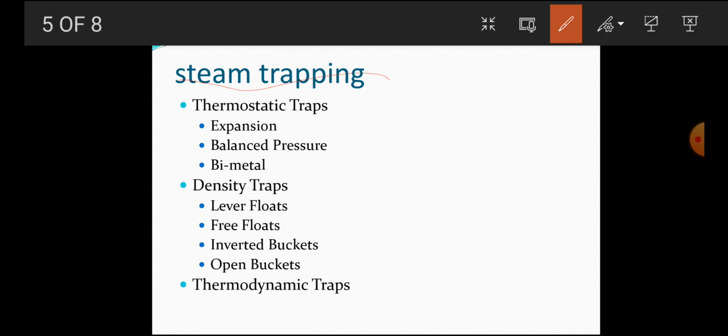So what is the use of this? The use is to keep the lines free from condensate. If condensate has occurred, it has to be removed, then air and non-condensable gases. If there are some gases which are non-condensable, these three things are to be removed.